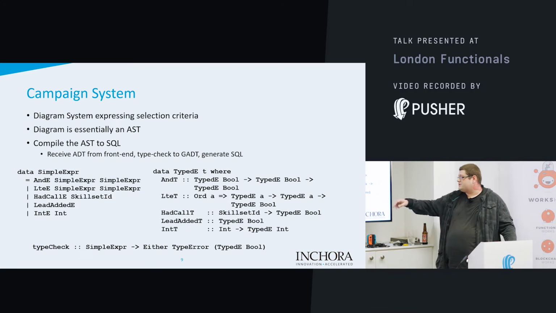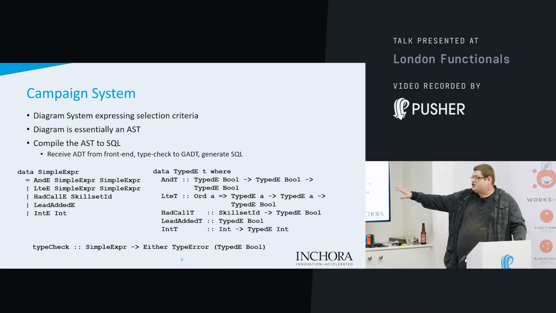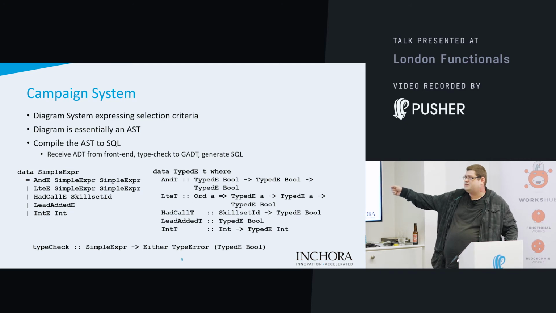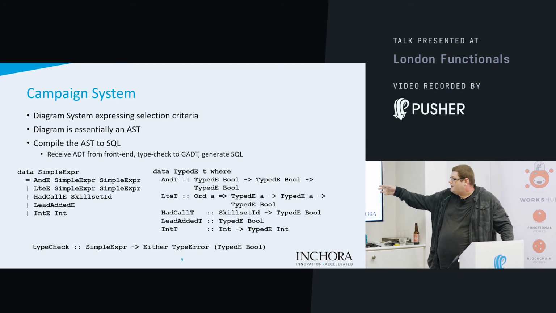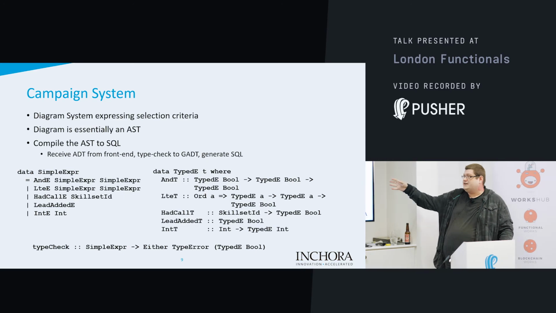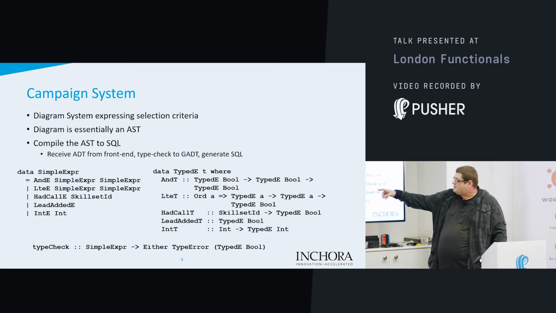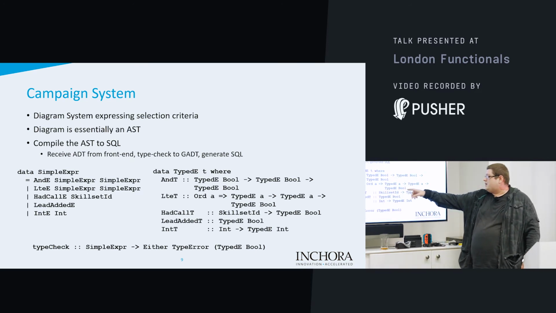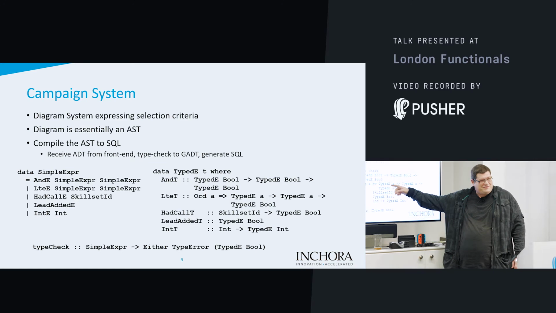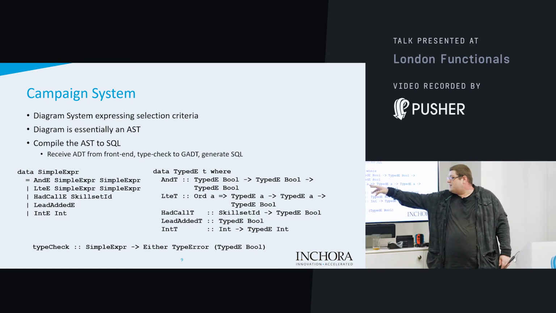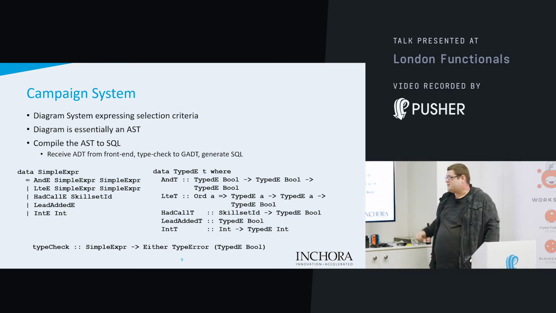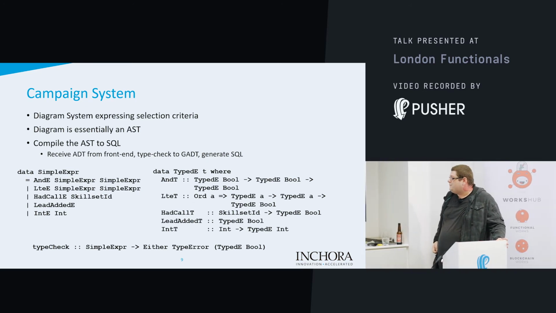So one of the nice things we can do with Haskell is to take that structure on the left and turn it into what's called a GADT. That's a generalized algebraic data type. So you've got a normal algebraic data type on the left there, and here you have a generalized algebraic data type. The nice thing about a GADT is that we can capture type variables within the individual constructors. Those of you that know Haskell will see the error that I've made here, and for those that don't, these A's should have been T. If you can just pretend that that's what I've done, that'll be less embarrassing for me.